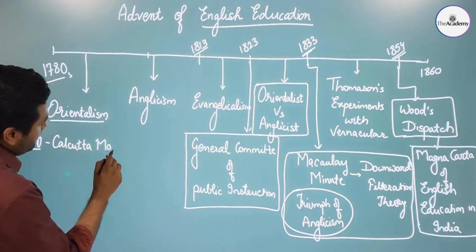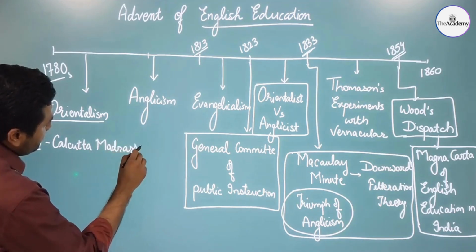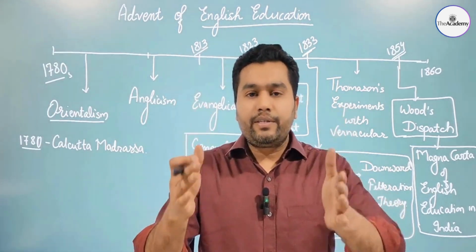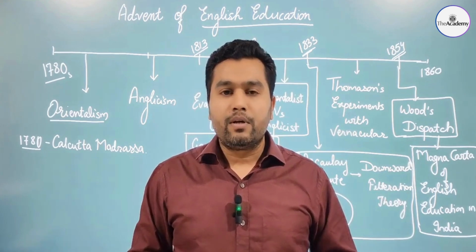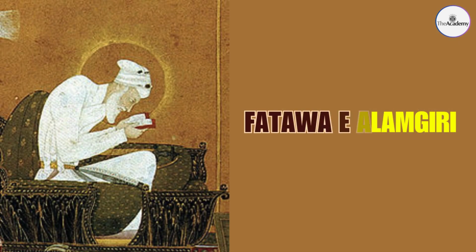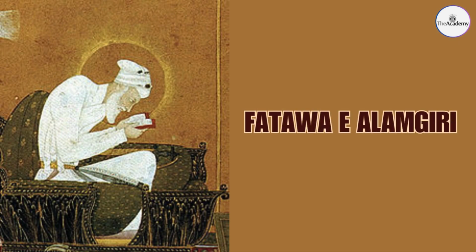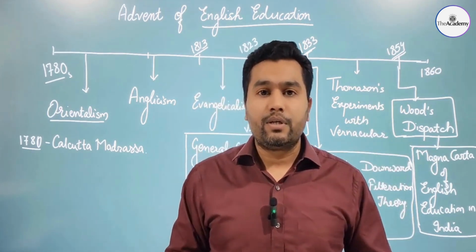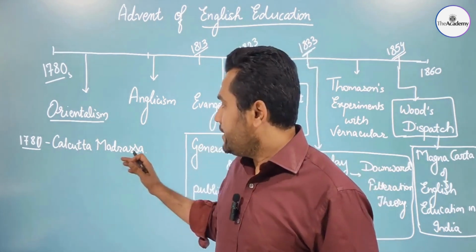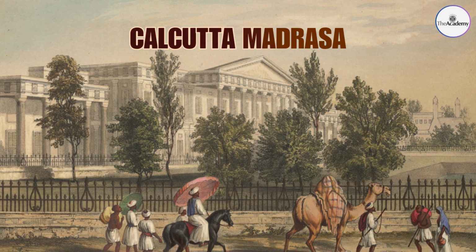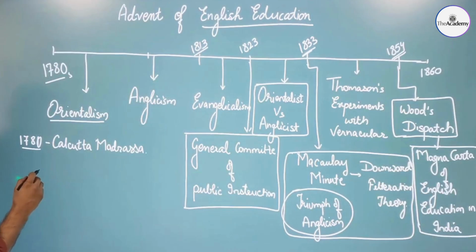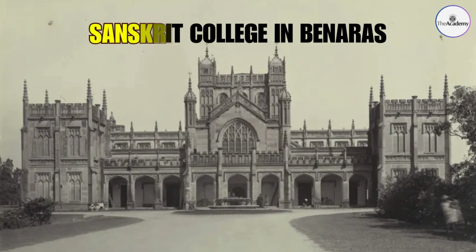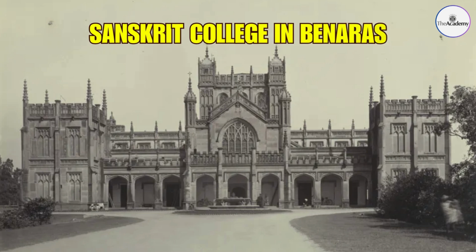Calcutta Madrasa was established because there was a body of literature written in Persian. We had Fatwa-e-Alamgiri, we had various texts from the Hadiths on the basis of which criminal law was administered. Therefore, in 1780, Calcutta Madrasa was formed. Then later, there was a Sanskrit college established in Banaras.